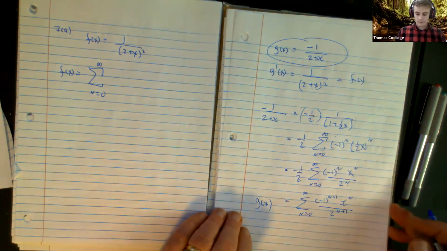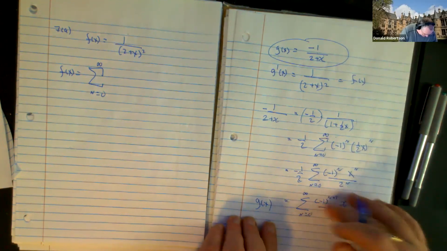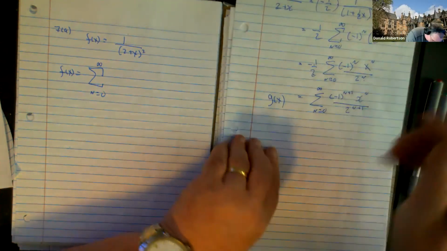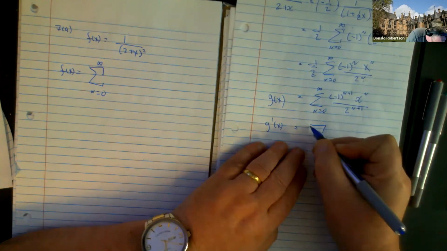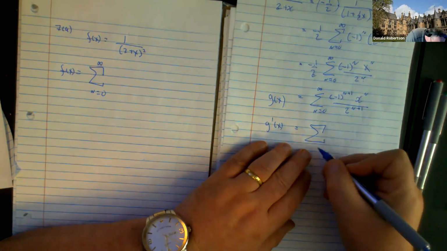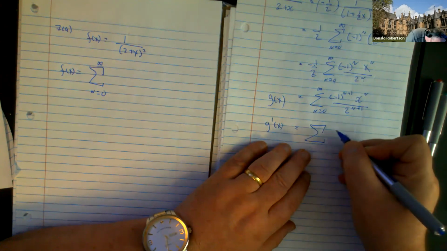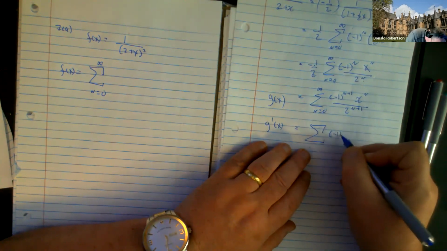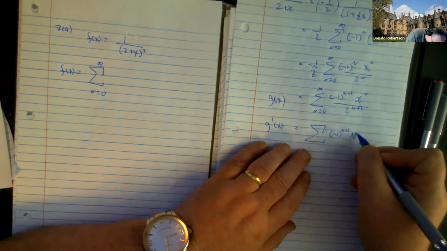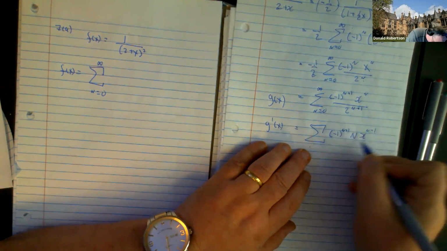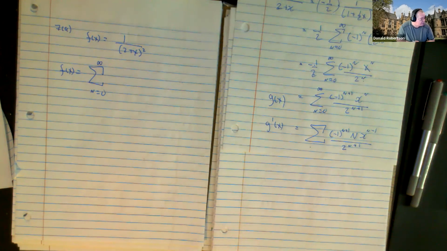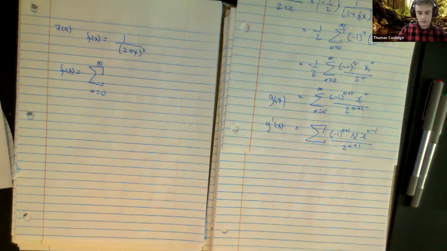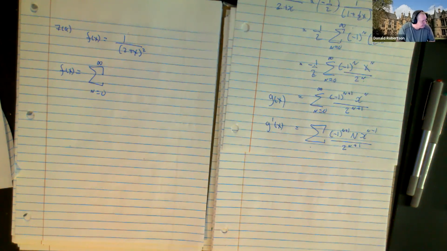Right. Now I'm going to differentiate that. And what you're going to get is essentially multiply by the power, reduce the power by 1. Looking good? Great.